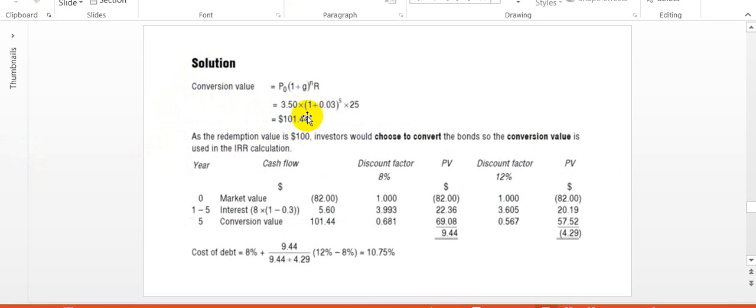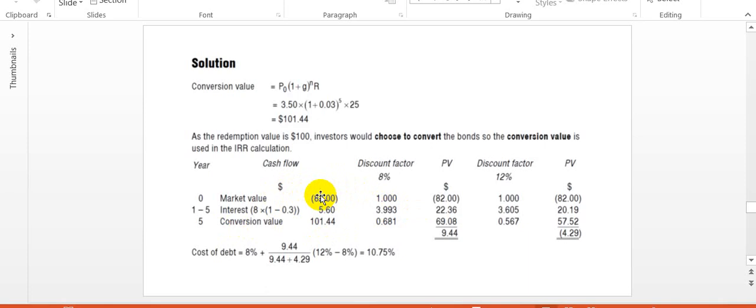Since the conversion value is higher than the redemption value, the conversion value will replace the redemption value in the last year. The rest will be the same as for redeemable debt.